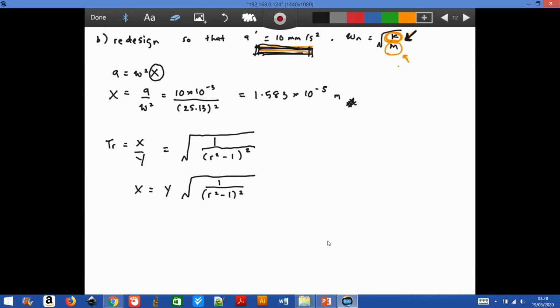If I square root this, I will get y over r squared minus 1.